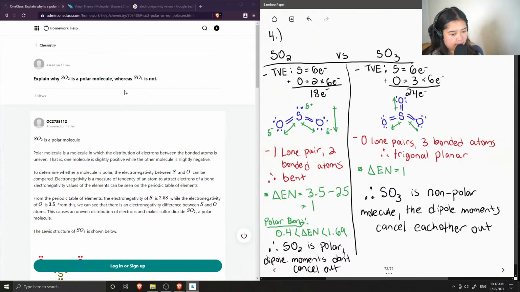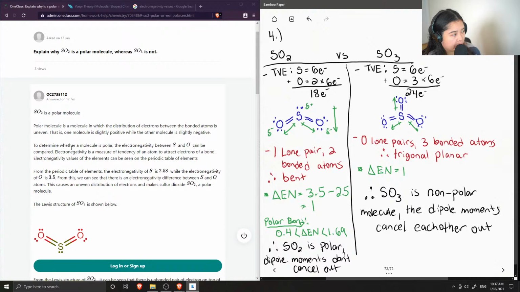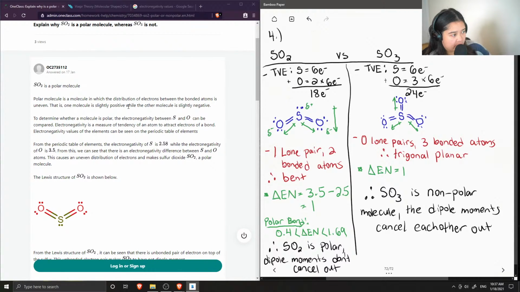Okay, so now let's see what the junior tutor said. SO2 is a polar molecule. A polar molecule is a molecule in which the distribution of electrons between the bonded atoms is uneven. That is, one atom is slightly positive while the other is slightly negative.